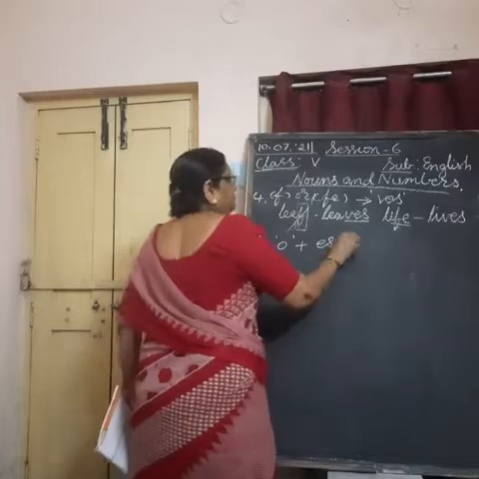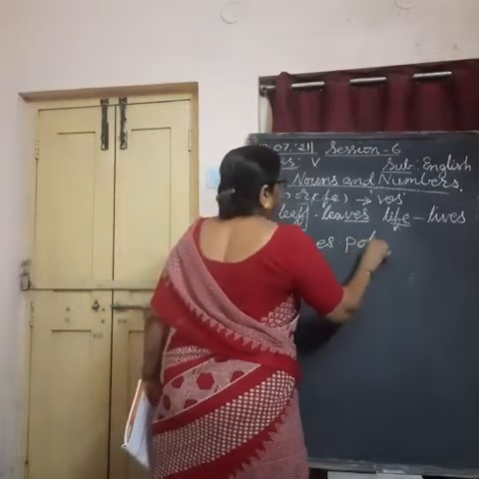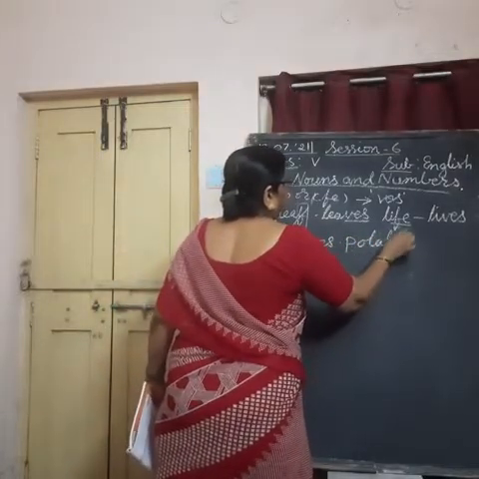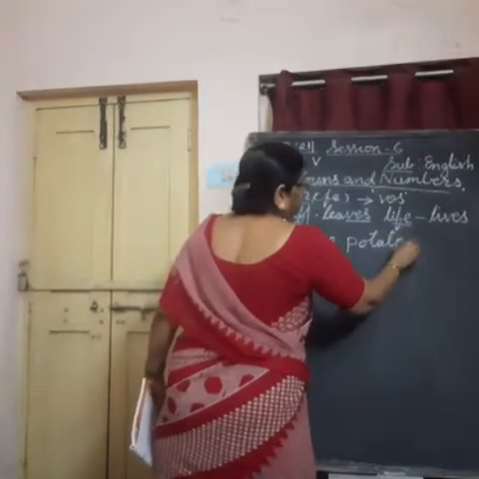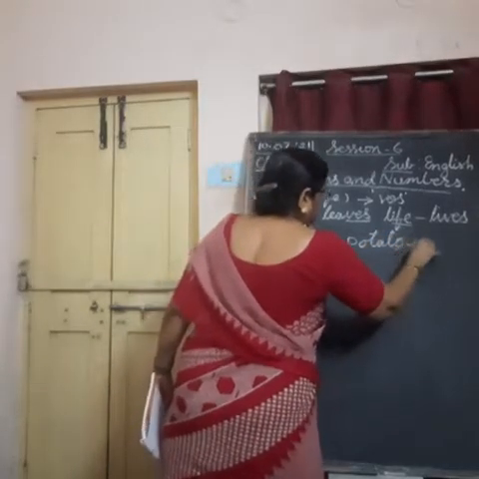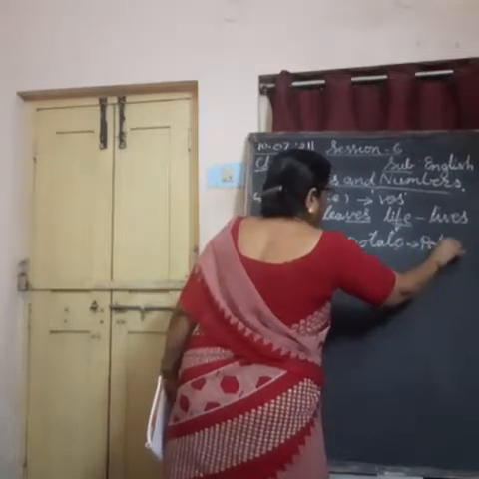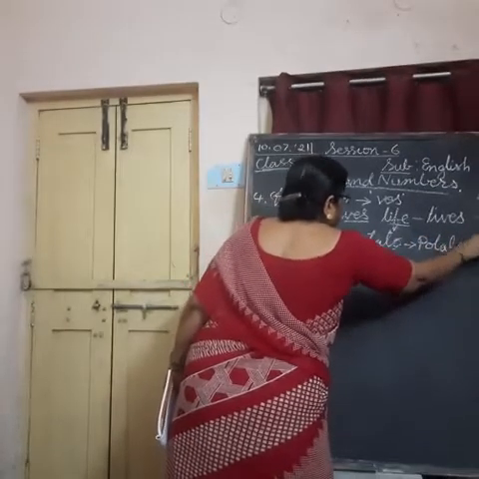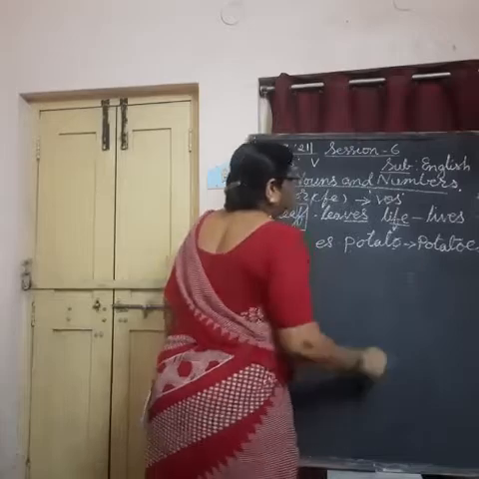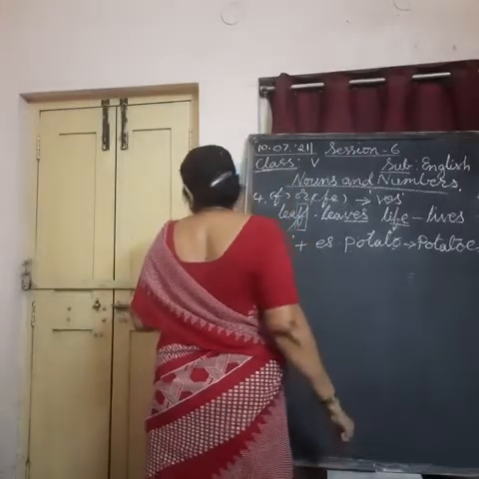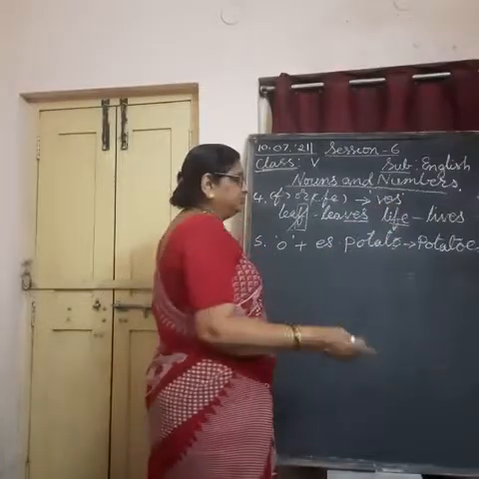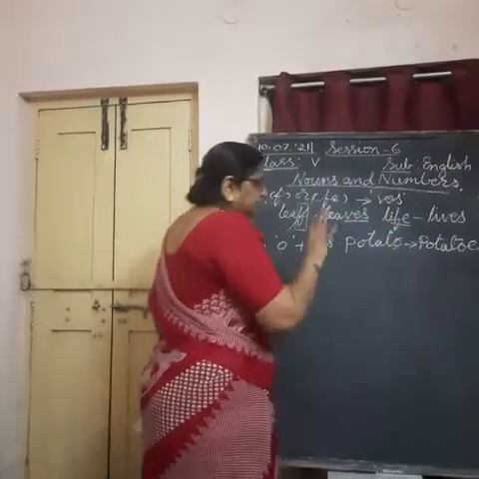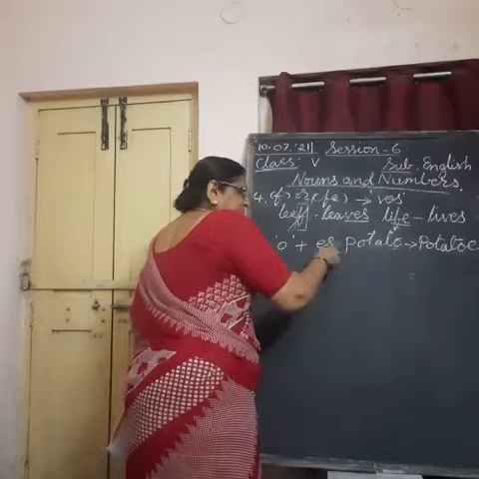For example, potato. Potato is there, O. Here, to make it plural, we add ES: potatoes. Tomato, tomatoes. Mango, mangoes. Buffalo, buffaloes. What we have to do? Nothing. Whatever the spelling is.